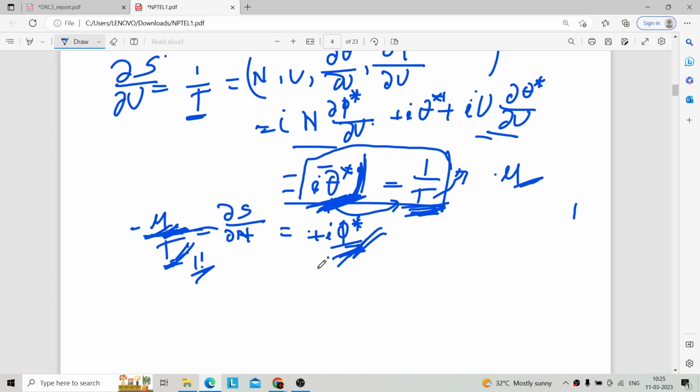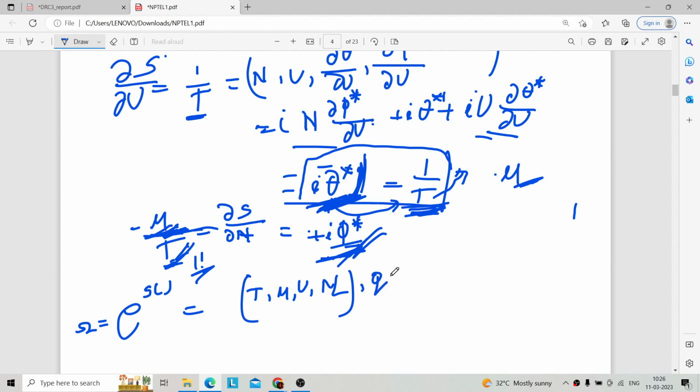So we can substitute this theta and phi in that abstract form, and we will get the microstates as some function of t, mu, u and n, and it will also be dependent on q. So depending on the q value, either it will be fermion or boson.